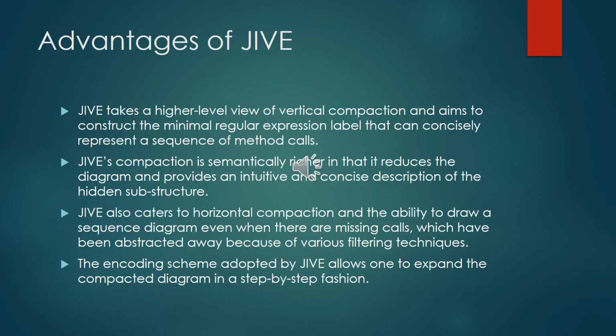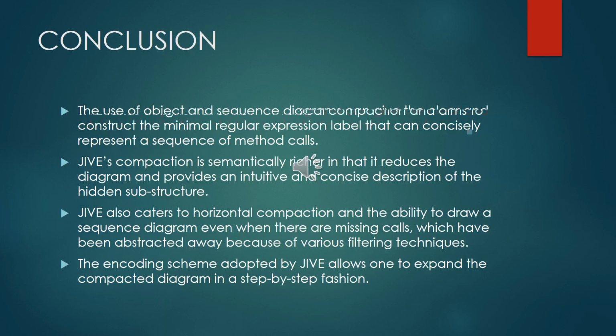JIVE also caters to horizontal compaction and the ability to draw the sequence diagram even when there are missing calls which have been abstracted away because of various filtering techniques. The encoding scheme adopted by JIVE allows one to expand the compacted diagrams in a step-by-step fashion.